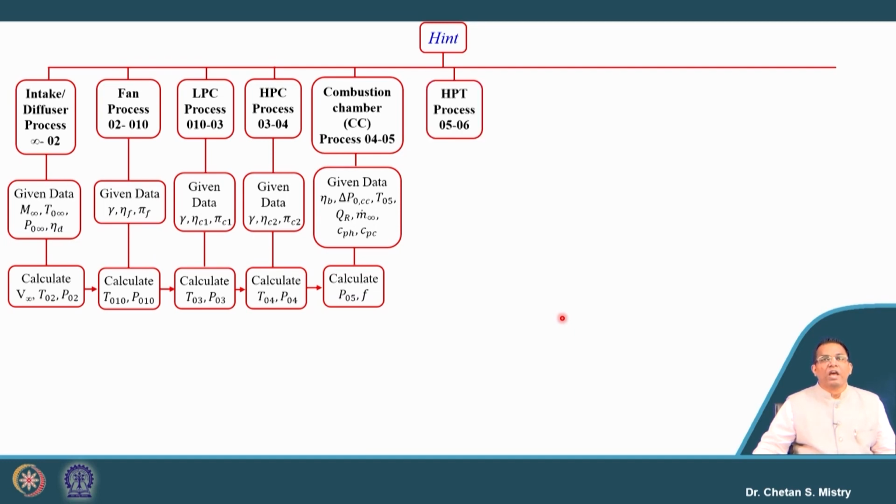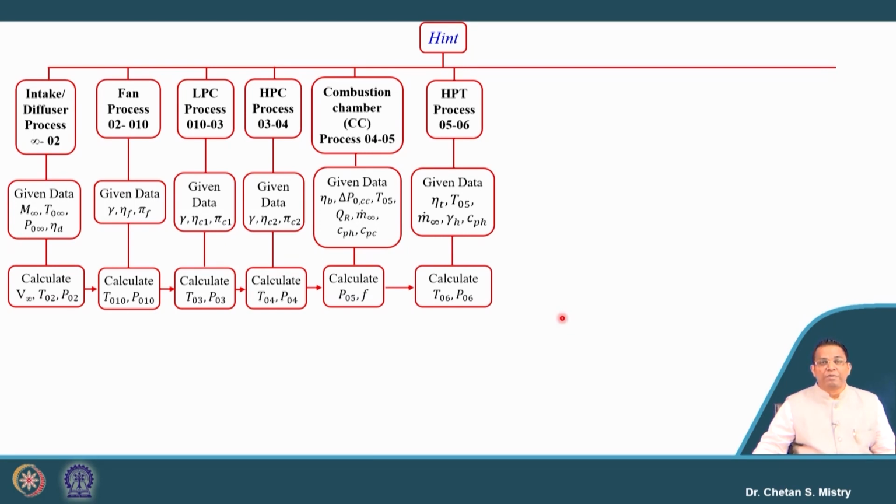Next component is our HP turbine. For this HP turbine, we are given the turbine entry temperature and turbine efficiency. Based on the work balance between the HP turbine and HP compressor, we can calculate the exit temperature. By using the definition of efficiency, we can calculate the exit pressure from the HP turbine.